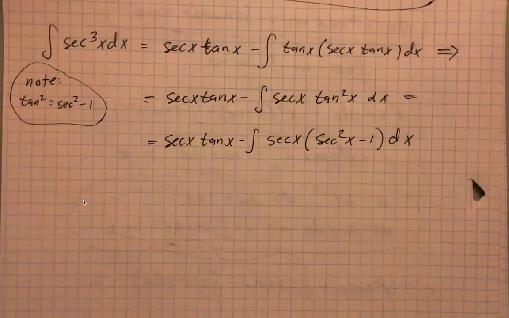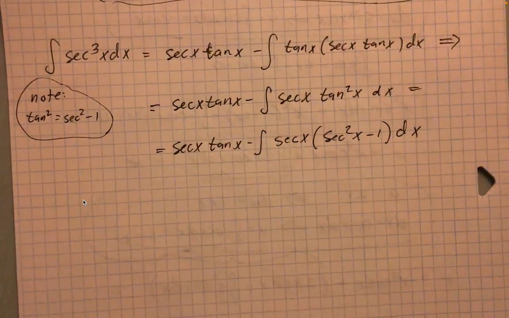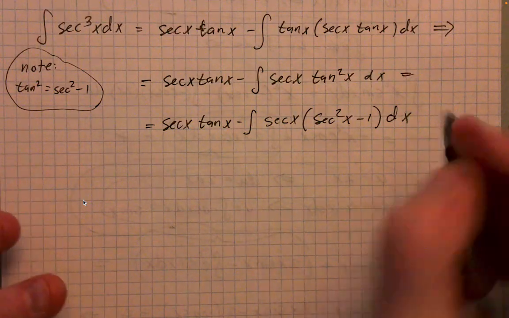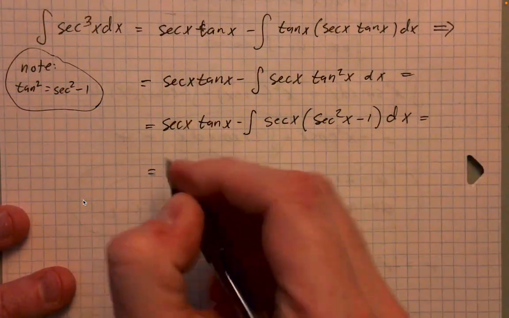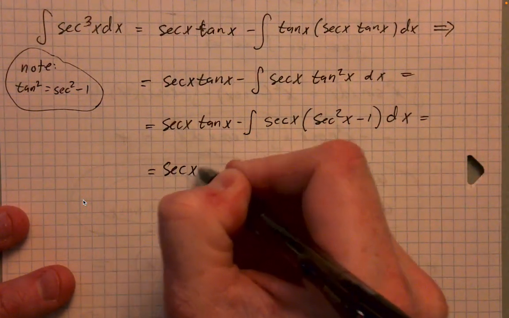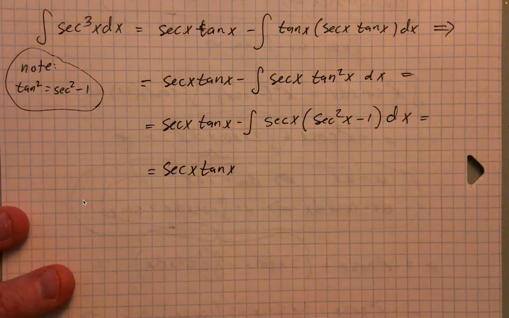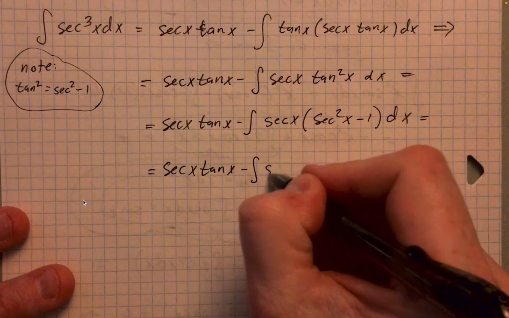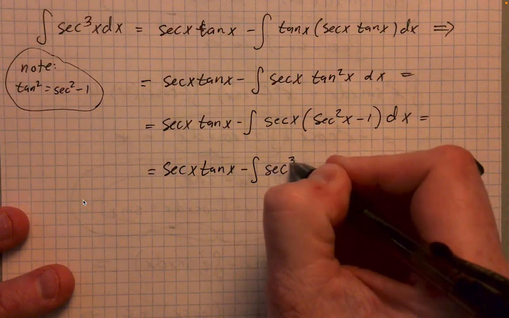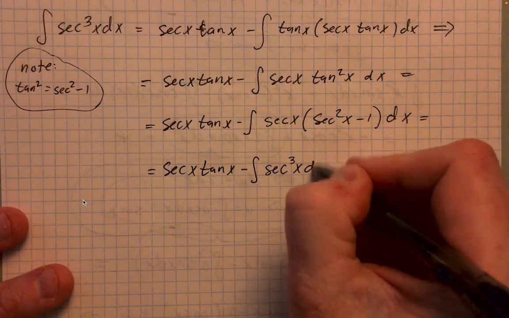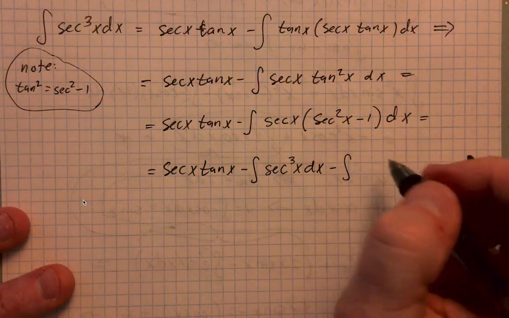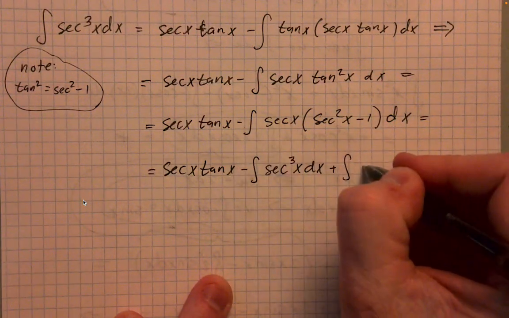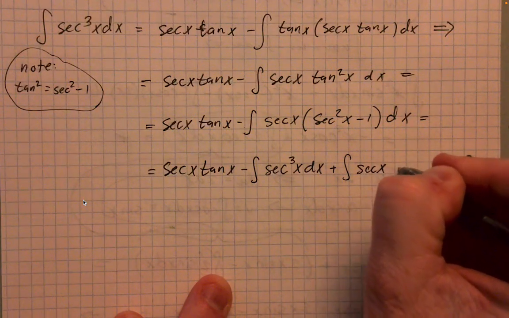Okay, and it may seem like we're sort of circling a lot, so we're not really getting anywhere, but let's see what happens if we expand this one more time. So secant x tangent of x minus the integral of secant cubed x dx, plus the integral of secant x dx, right?